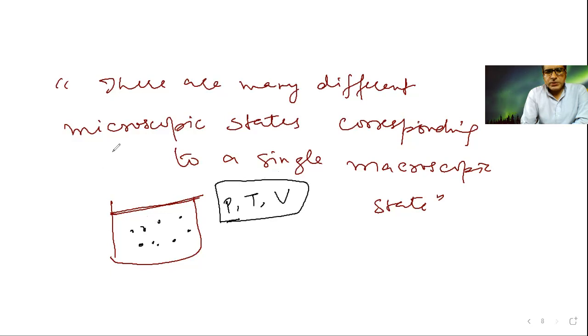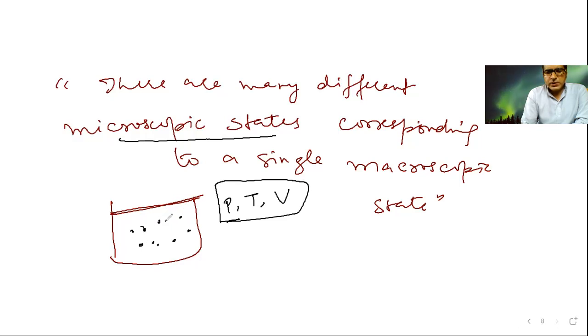But the microscopic states are changing, because the microscopic state is specified by the position coordinates of all the molecules in the gas and their velocities. Molecules are constantly moving, colliding with each other, their positions and velocities are changing. That means the microscopic states of this gas are different at different times.